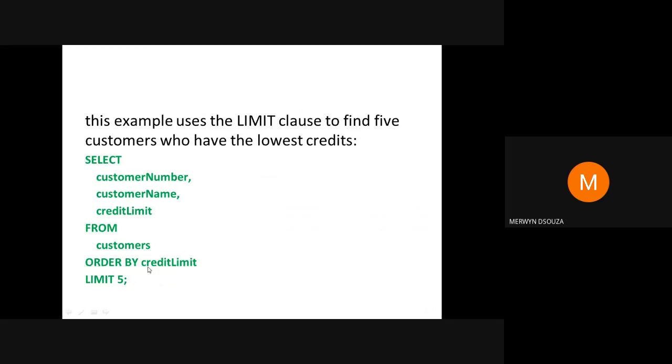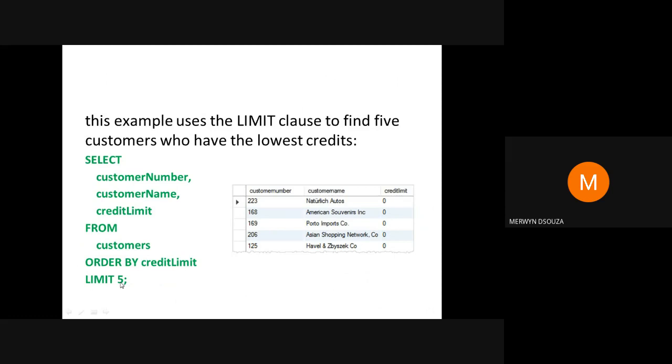Now we are sorting the data in ascending order, and after we sort the data, we want only the five customers who have the lowest credit. Therefore we limit the output to 5. We'll get the output something like this. These are the customers who have the lowest credits, sorted in ascending order by using the order by clause.